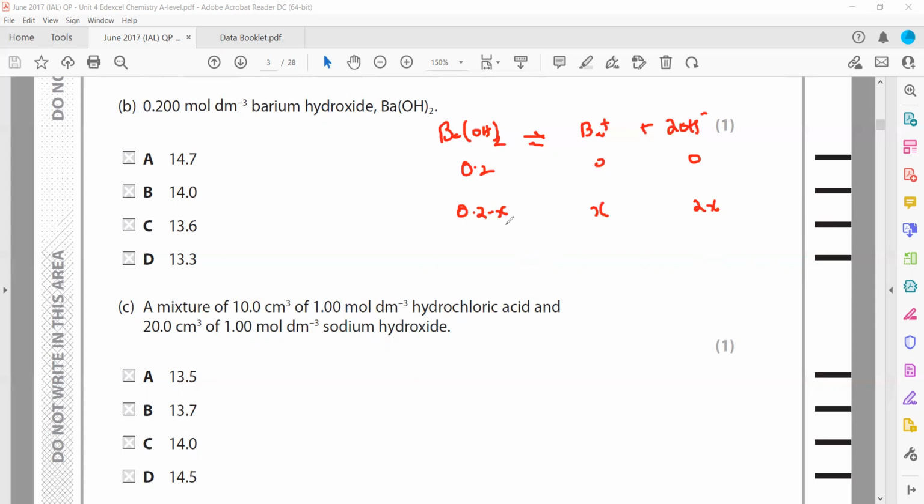First we'll find the concentration of hydroxide ion. In the beginning of the question, they already gave us barium hydroxide.